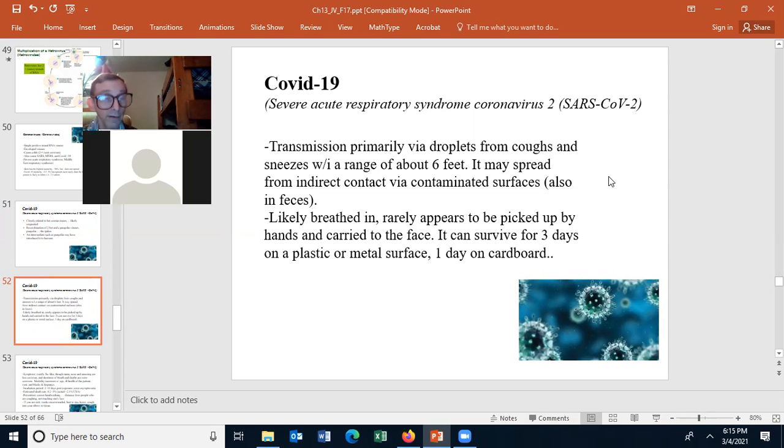So one thing you might do with your mail, and I always do this, is I always let it sit for a day before I open it. And I don't ever touch, I don't know, you maybe can see this. Can you see that? I never touch the plastic because the coronavirus can survive on the plastic longer than a day. But I always let it sit for a day before I touch the mail.